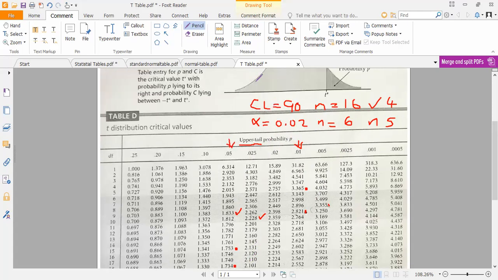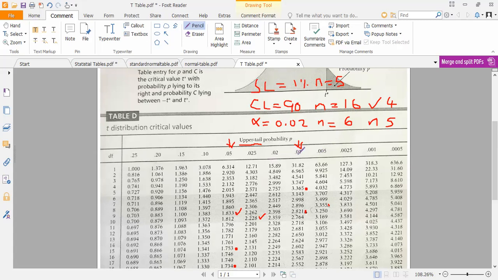Sometimes we may even be given the significance level. And the significance level is 1%. And we have 1 sample of 5. So you convert this into alpha, which is 0.01, and divide it by 2, 0.005.